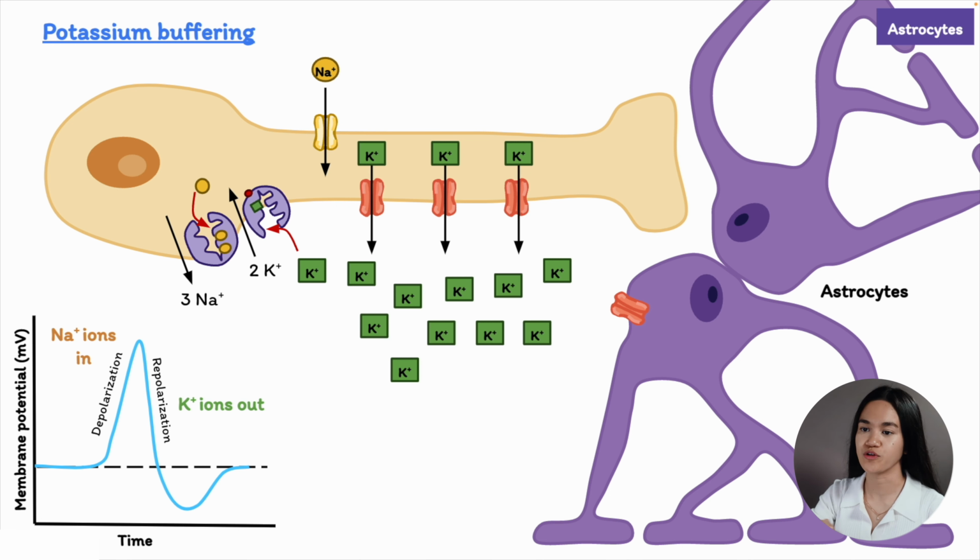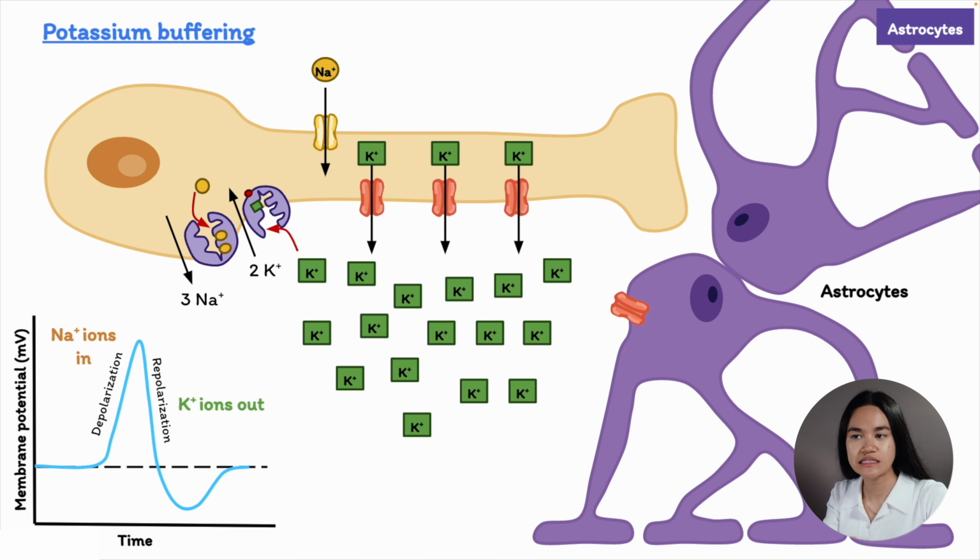However, if the concentration of potassium in the extracellular environment is still significantly high, so that the sodium-potassium pumps just can't handle it, it exceeds their ability to pump sodium and potassium in and out of the cell, this is where astrocytes come in to keep the ideal ion concentration around neurons. Why? So that we can maintain the normal neuronal excitability.